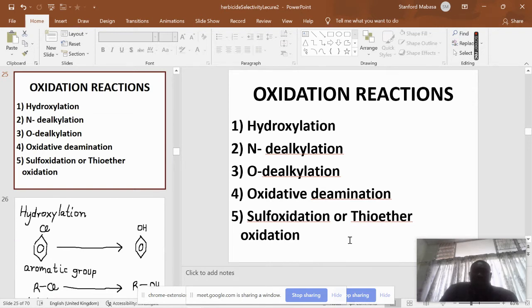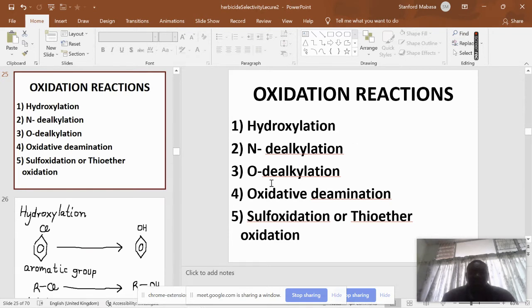The oxidation reactions are simply adding oxygen to herbicide molecules which have entered the plant. And we've got 5 oxidation reactions. There could be 6, but these are 5 important ones. Number 1, hydroxylation. Number 2, N-dealkylation.